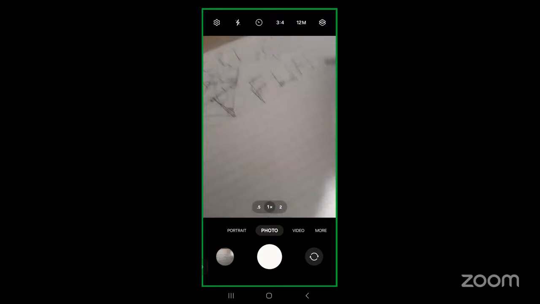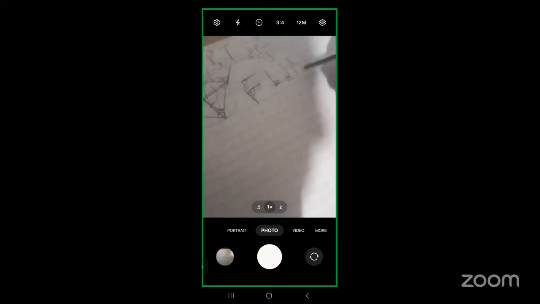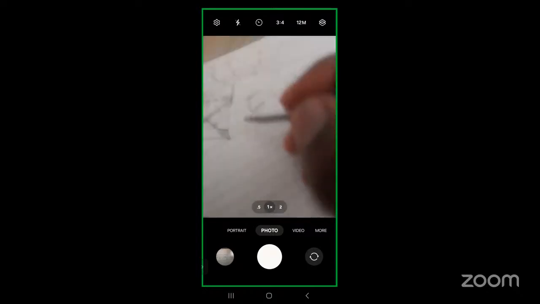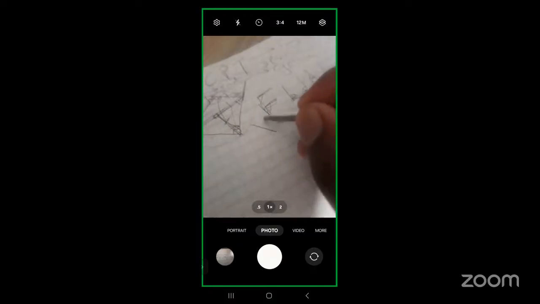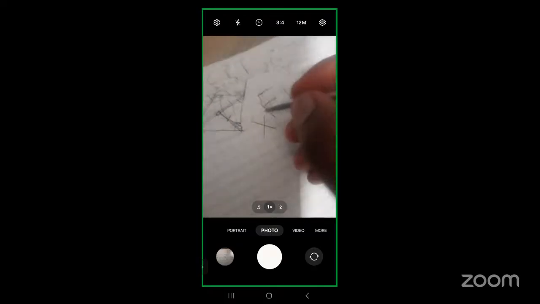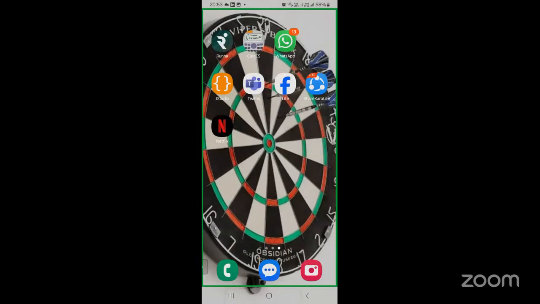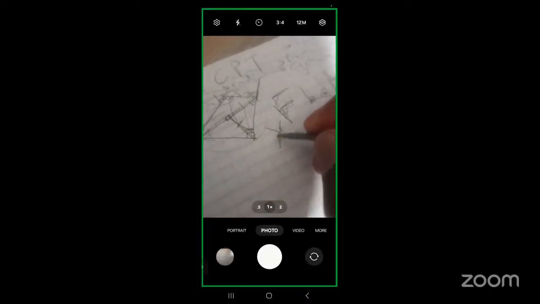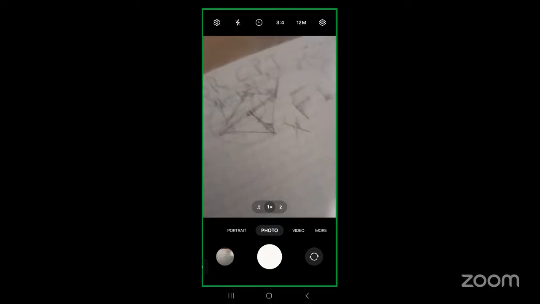Same applies with this. This is equal to this, then you state your parallel lines. Then if there exists that X that we talked about earlier on, you can also highlight those vertically opposite angles.